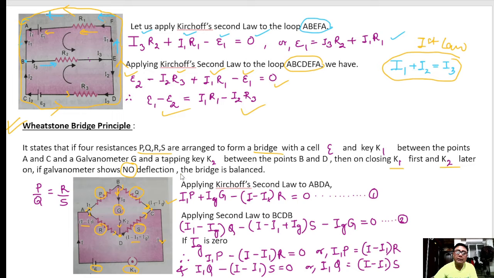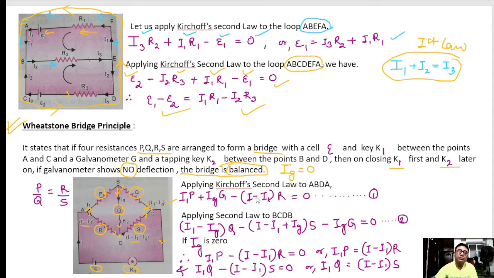And then the bridge is said to be balanced. We will choose P, Q, R, S in such a way that there is no current in the galvanometer, no deflection in the galvanometer. That means Ig should be 0.